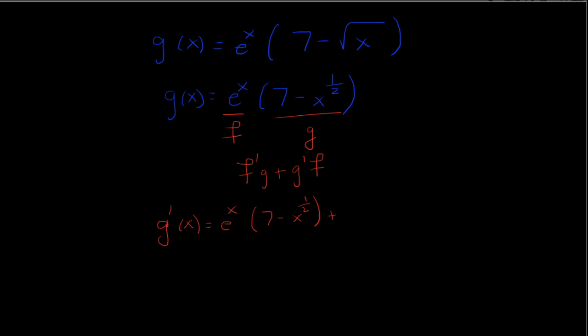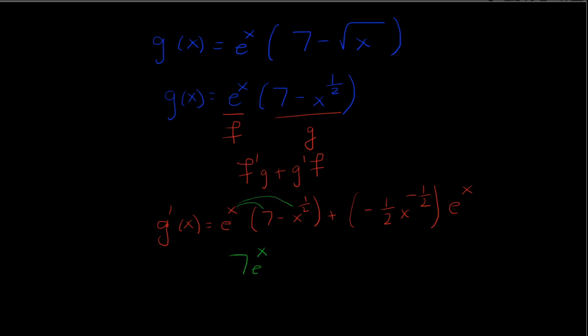Now I'm going to take the derivative of g. So the derivative of 7 is 0. And the derivative of negative x to the 1/2 is negative 1/2 x to the negative 1/2 times f, which is e to the x. And this one, we're just going to simplify further. So e to the x will distribute here.